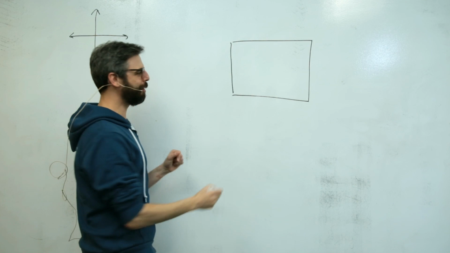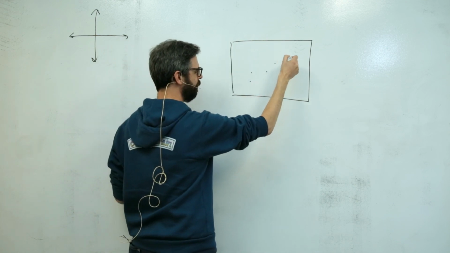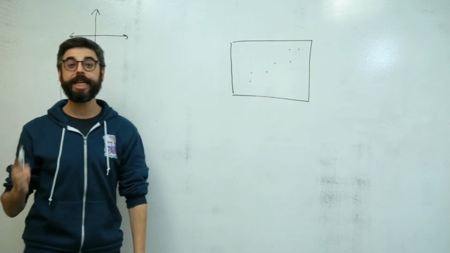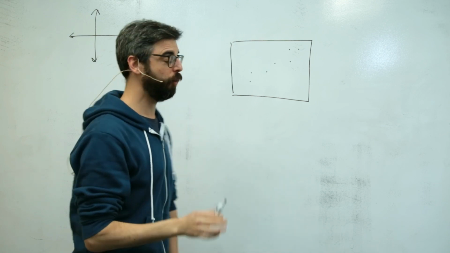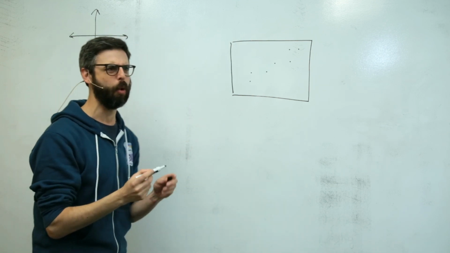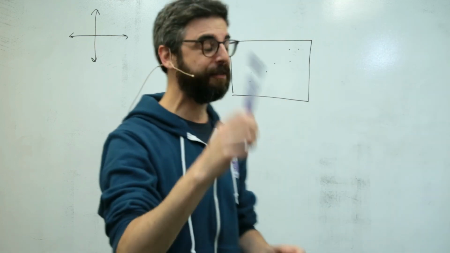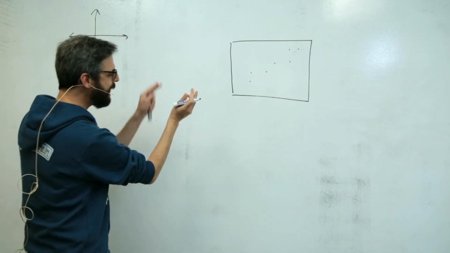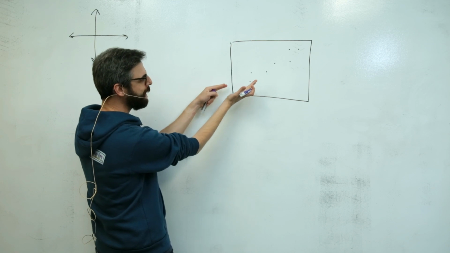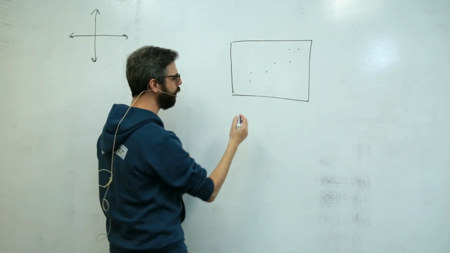In that plane, there are a bunch of points. The idea of linear regression is to figure out, can we fit a line into this two-dimensional space that approximates all of these points as best we can?